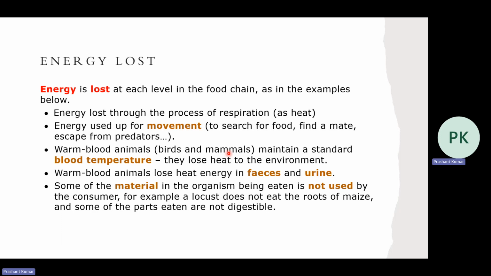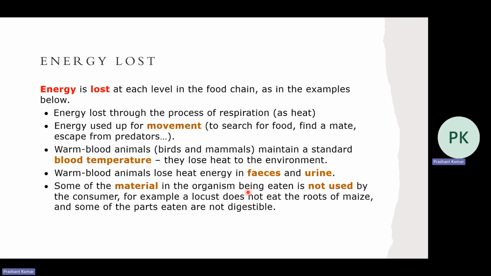There are some organisms which are cold-blooded, like amphibians, reptiles, and fish. Warm-blooded animals also lose energy in feces and urine. When urine is produced and when we pass feces, at that time also energy is being lost.